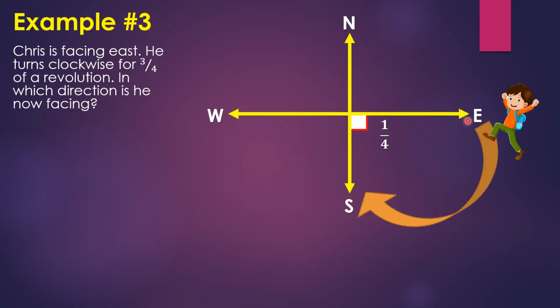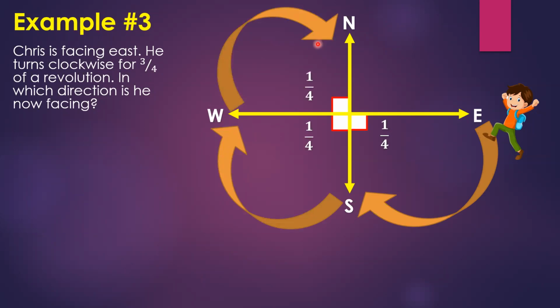So are we done? Or do we still have some more revolutions to go? More to go. So we have to go from south to west, right? And then we're going to go from west to north. And so the correct answer is that he is facing north now. How many persons got that? Let me know if you got it.